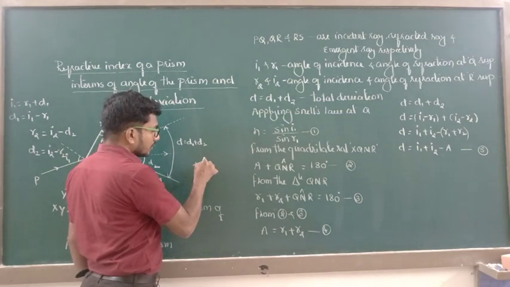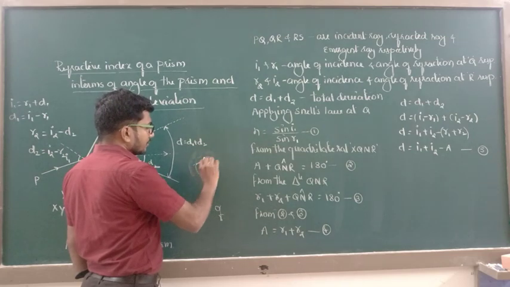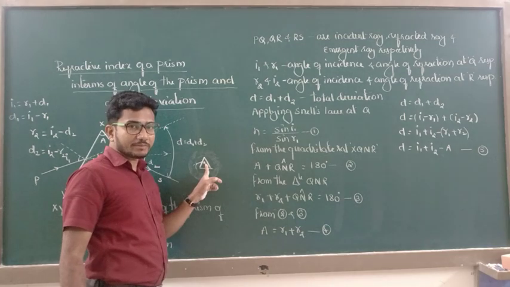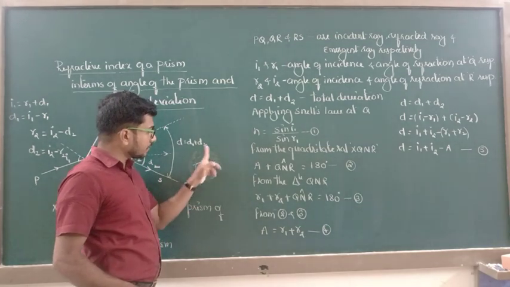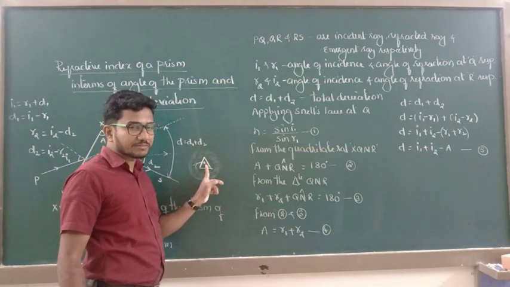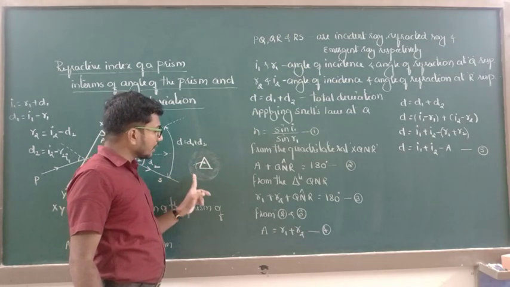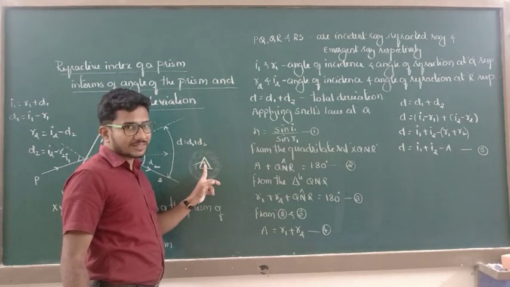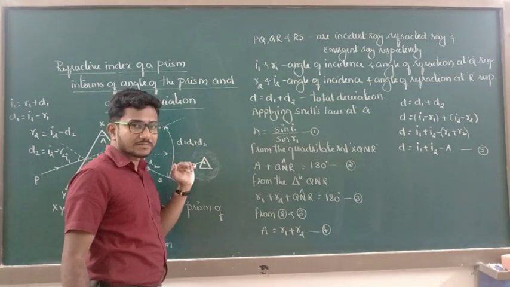It bends towards the base only when the refractive index of the surrounding medium is less than the refractive index of the material of the prism. That means here the surrounding medium is, let us say, air, and this prism is made up of glass. In this condition, the refracted light ray bends towards the base.